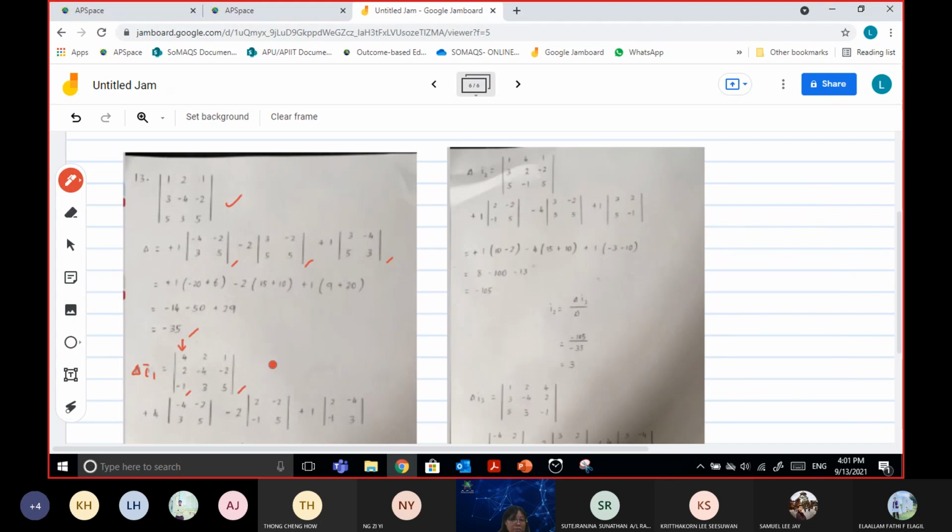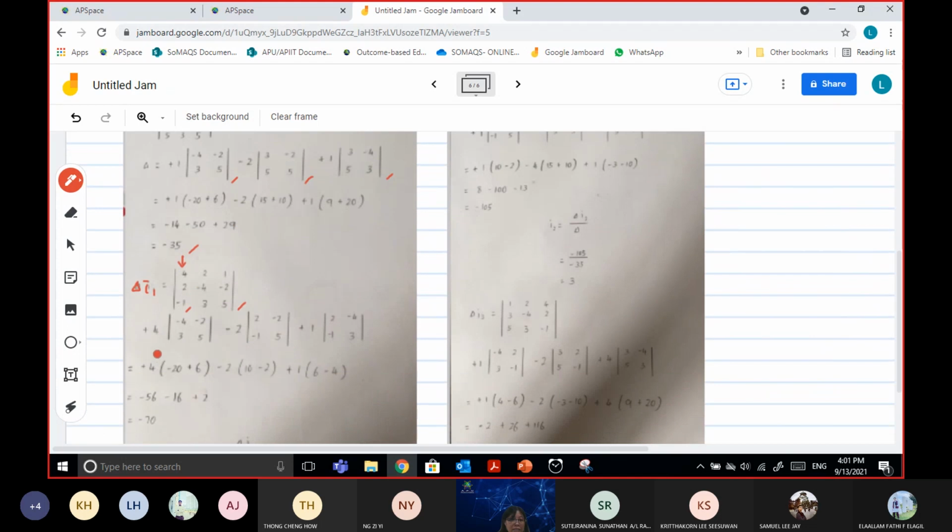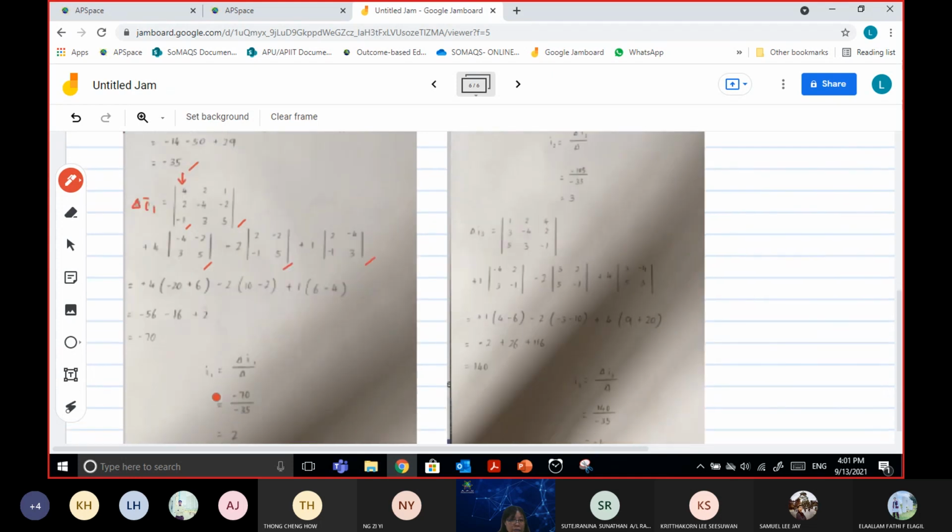Correct. Then find the determinant. 4, then negative 4, 3, negative 2, 5, correct. Negative 2, then 2, negative 1, negative 2, and 5. Then plus 1, which is 2, negative 4, negative 1, and 3, correct. So the determinant for I1 is negative 70.